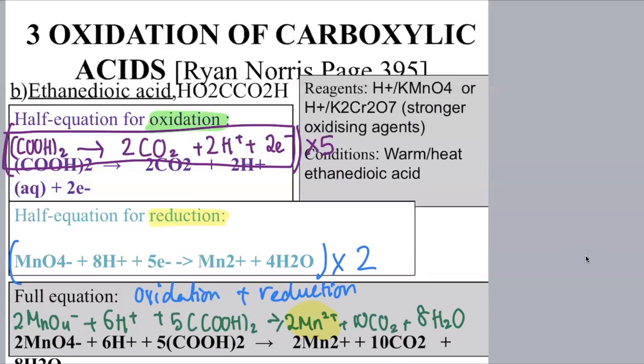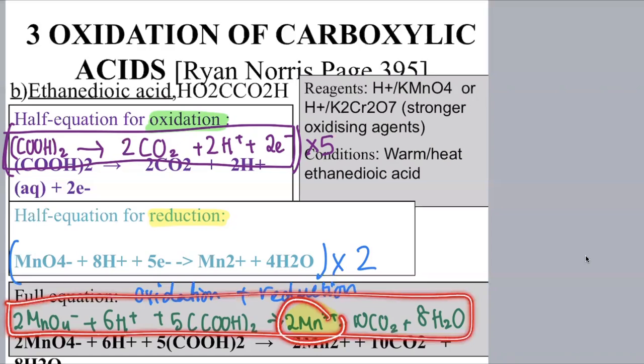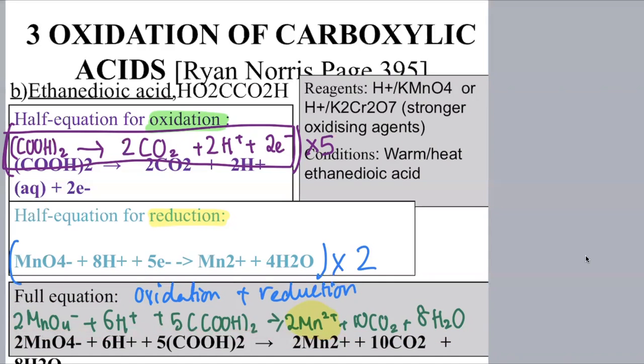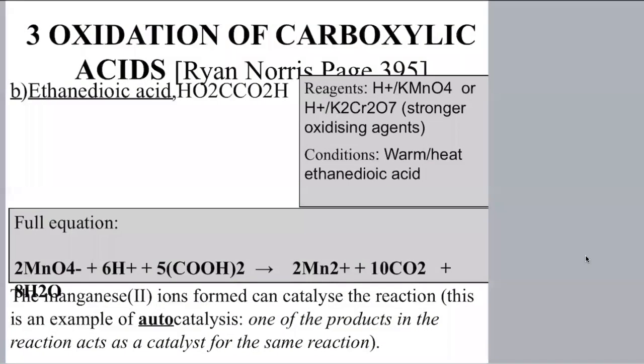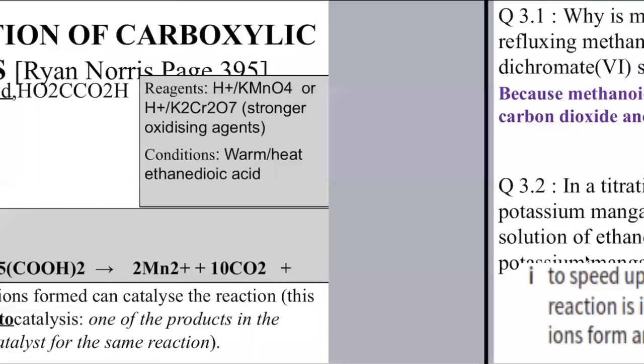This is what autocatalysis means. The product in the reaction acts as a catalyst for that same reaction. So if you look here, this reaction is catalyzed by Mn2+, which is the product.